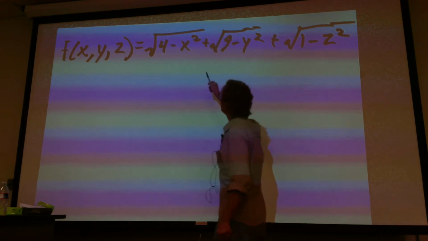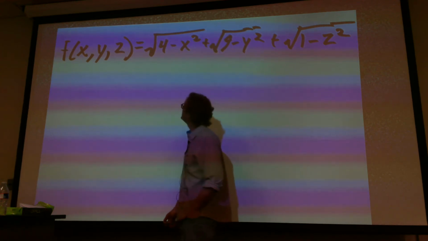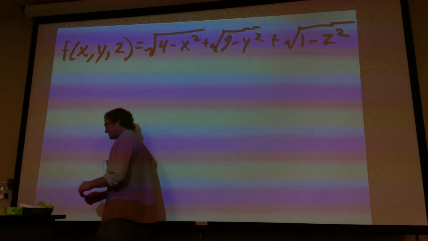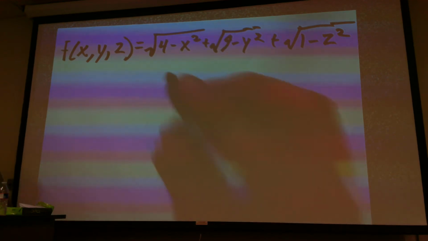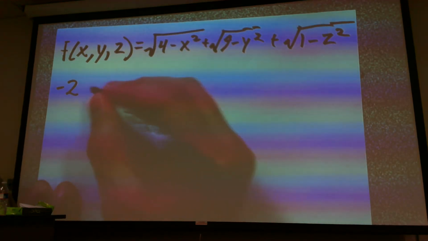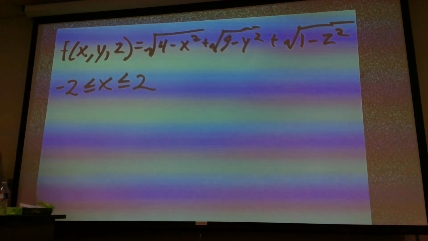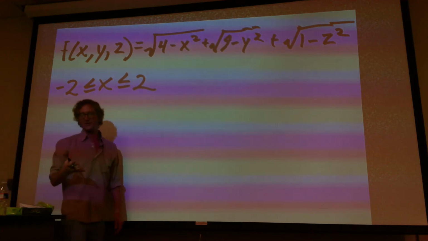So what does this tell me? If I'm looking at 4 minus x squared, I need this to be greater than or equal to 0. That means x would be bounded between -2 and 2. Because if I made it bigger than 2, let's say I plugged in 3, what would I get?